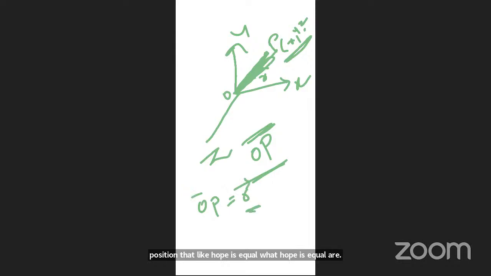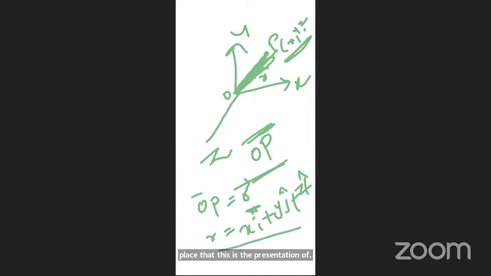So what is the position vector R? R is equal to xi plus yj plus zk, along the x-axis, y-axis and z-axis. Position vector R is equal to xi plus yj plus zk.